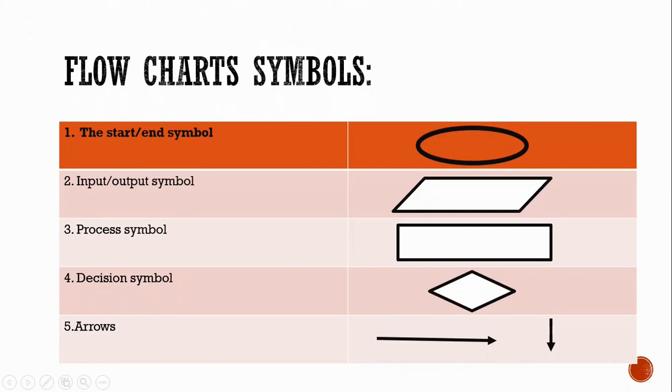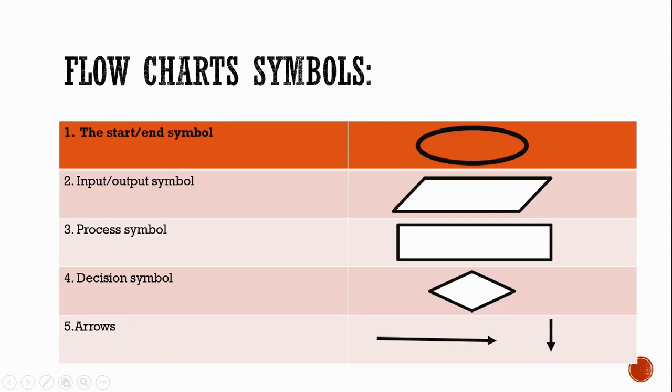Okay, my dear girls, flowchart symbols. The first symbol is an oval shape, which is used for start and end. Remember, every flowchart will start with an oval shape with Start written inside it, and it will end with an oval shape with End written inside it. The next thing is input and output.